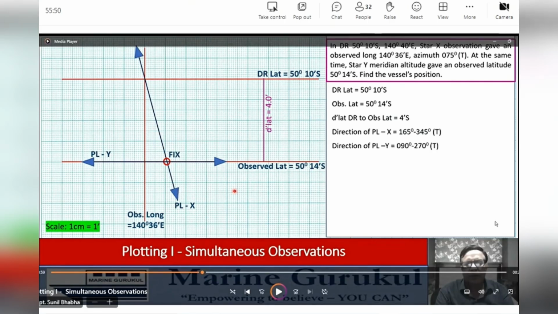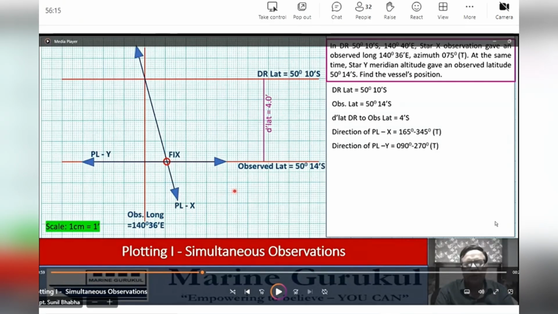For meridian altitude observation, the PL is the observed latitude itself. Yes, sir, I understood. I'm asking about the observed long. Why are you taking observed long and observed lat? We can take DR long and observed lat, correct?